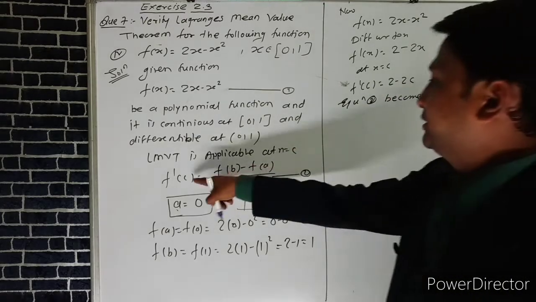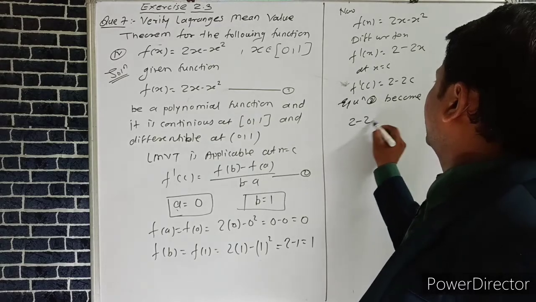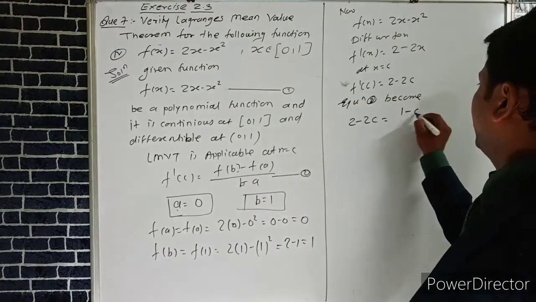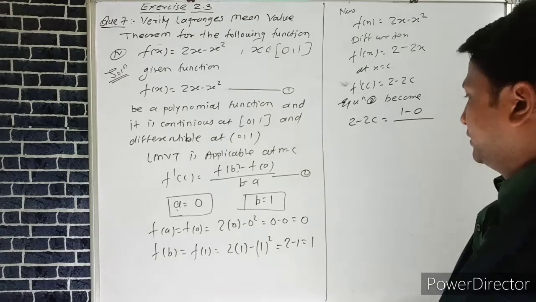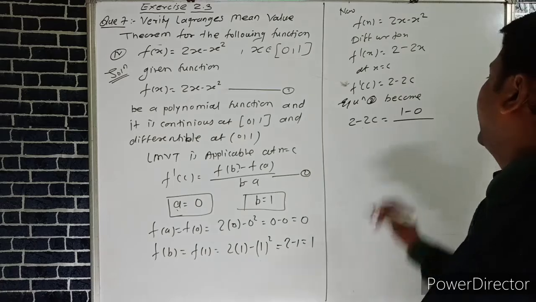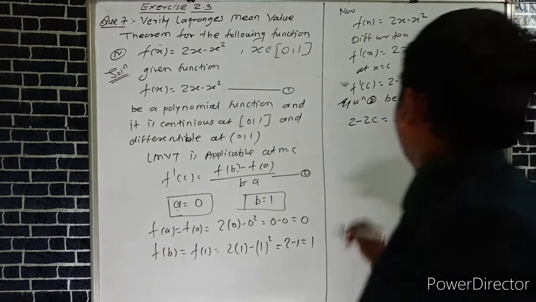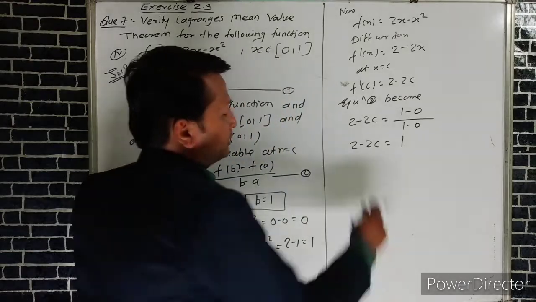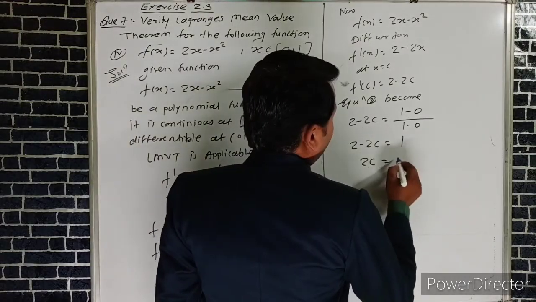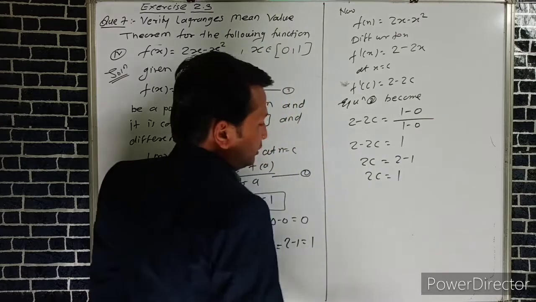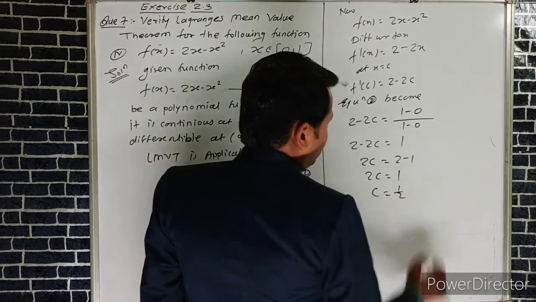On the left hand side, f dash of c is 2 minus 2c. The value of f of b is 1, the value of f of a is 0. Here we can write again the value of b is 1, the value of a is 0, so 1 minus 0. Here 2 minus 2c is equal to 1 upon 1, which is 1. If we take this 2c to the right side, we can write 2c is equal to 2 minus 1. 2c is equal to 1. c is equal to 1 by 2.